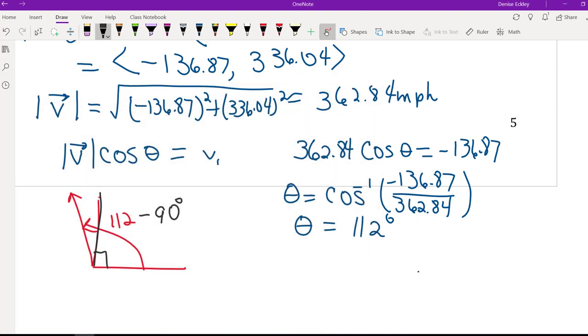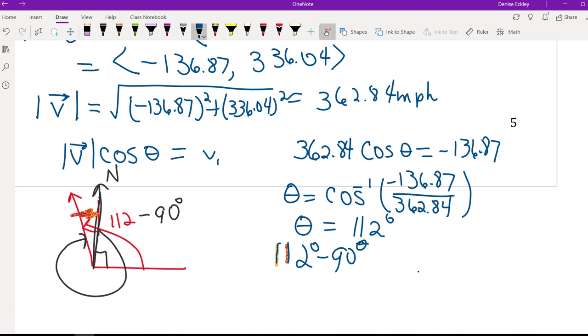We want the bearing from our due north, this whole direction around here. So we need this little part in here. So if we do 112 minus that 90 degrees, that's going to give us 22 degrees.